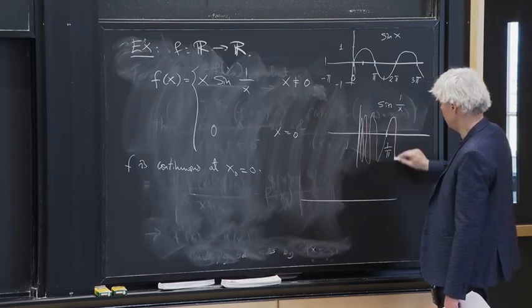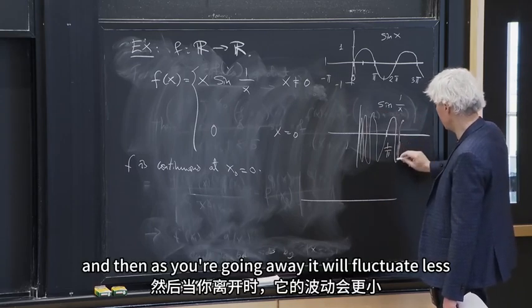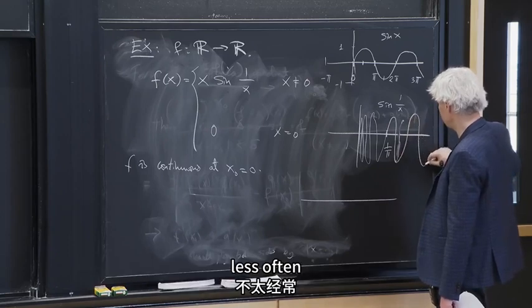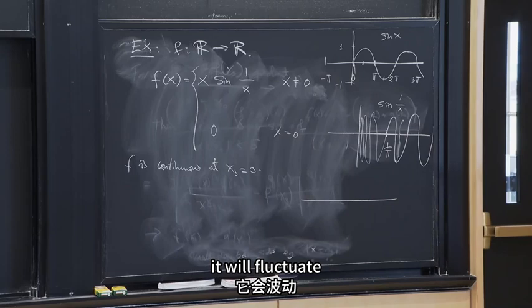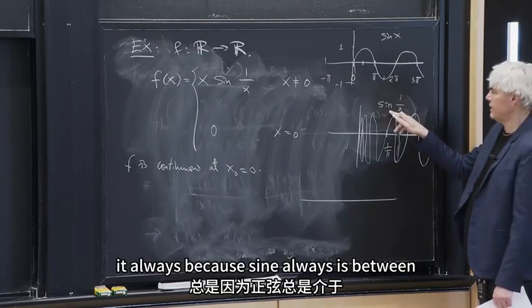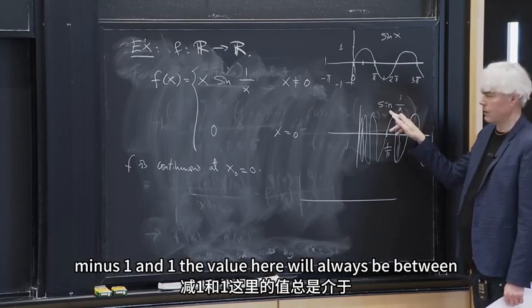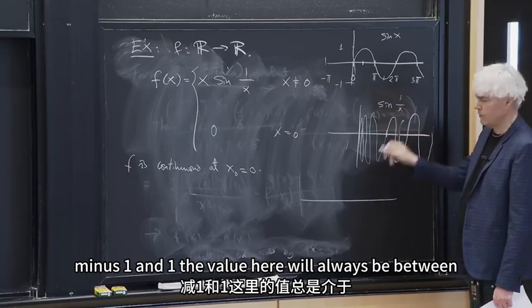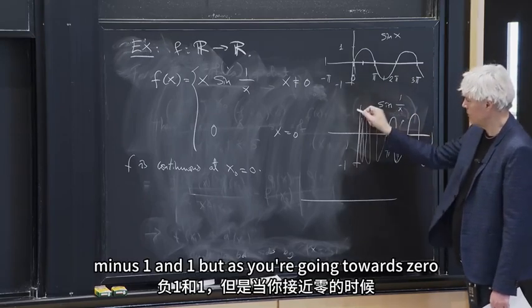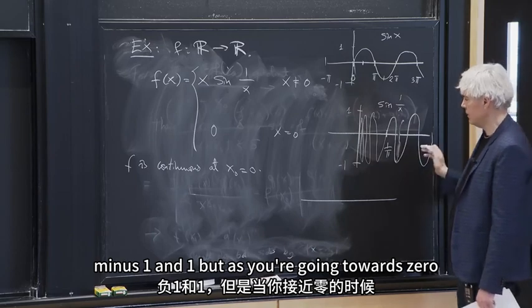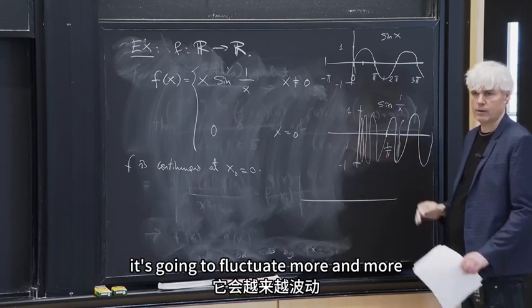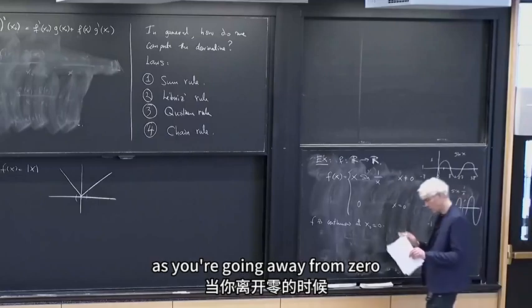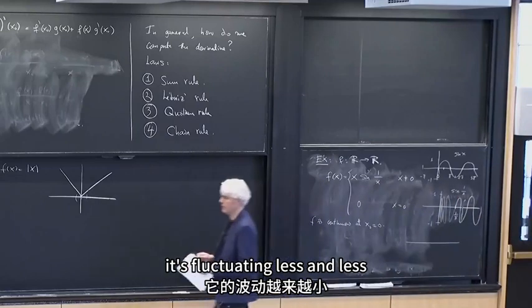And then as you're going away, it will fluctuate less often. So as you're going down towards 0, it will fluctuate a lot. Because sine is always between -1 and 1, the value here will always be between -1 and 1. But as you're going towards 0 from the right or from the left, it fluctuates more and more, and as you're going away from 0, it fluctuates less and less.